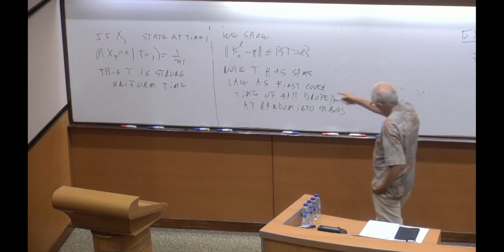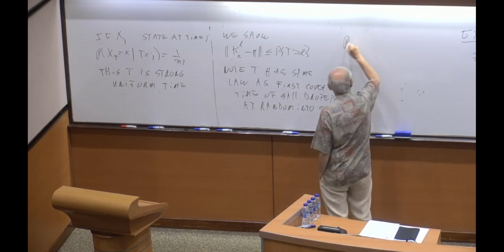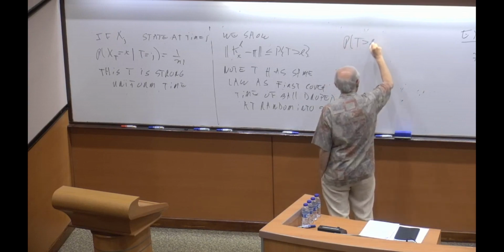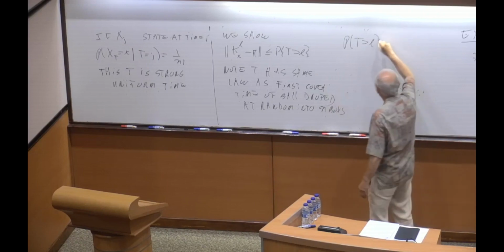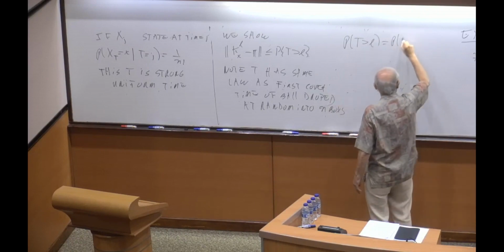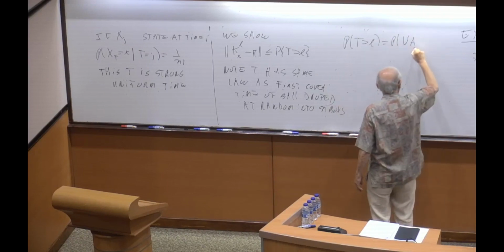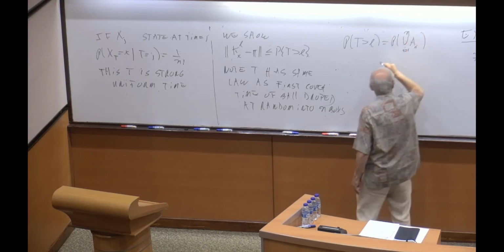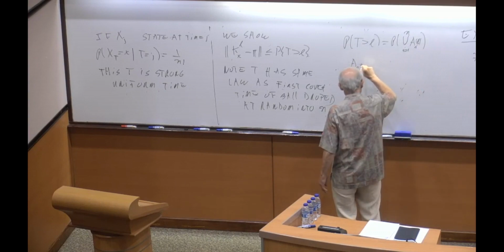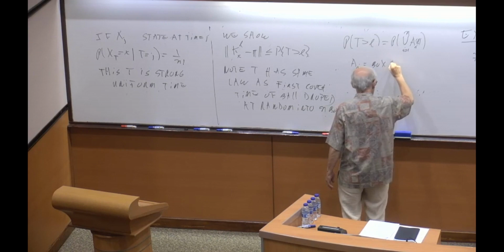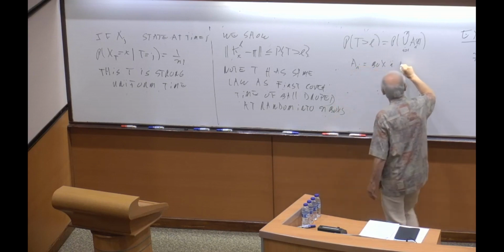And so we know that the probability that T is bigger than L, that all the boxes haven't been covered after L steps, is equal to the probability of the union over i equals 1 to n, where it depends on L, of the event that box i is uncovered.